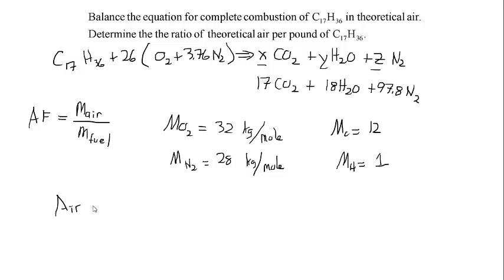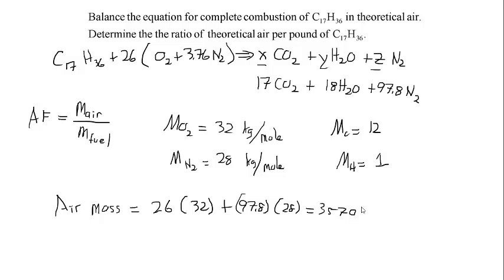If we go back to this and look at air mass, the air mass is 26 moles of oxygen plus 26 times 3.76 moles of nitrogen. So we have 26 moles of O2 and 97.8 moles of N2. That would give us, using the molar masses, 3,570 kilograms of air.